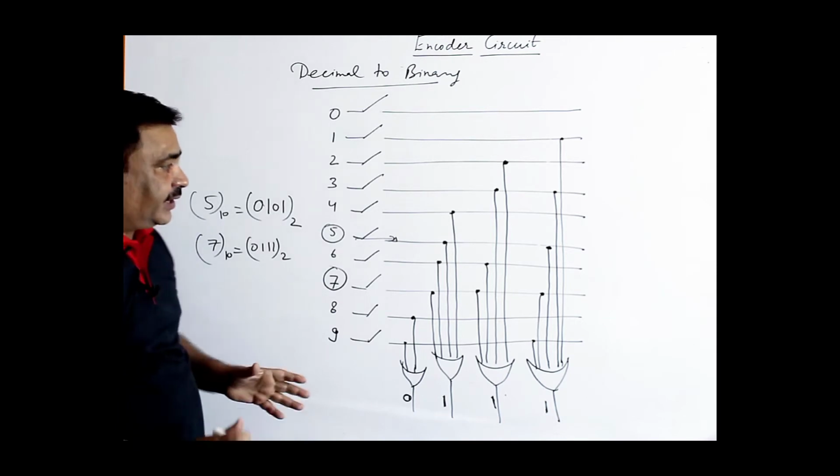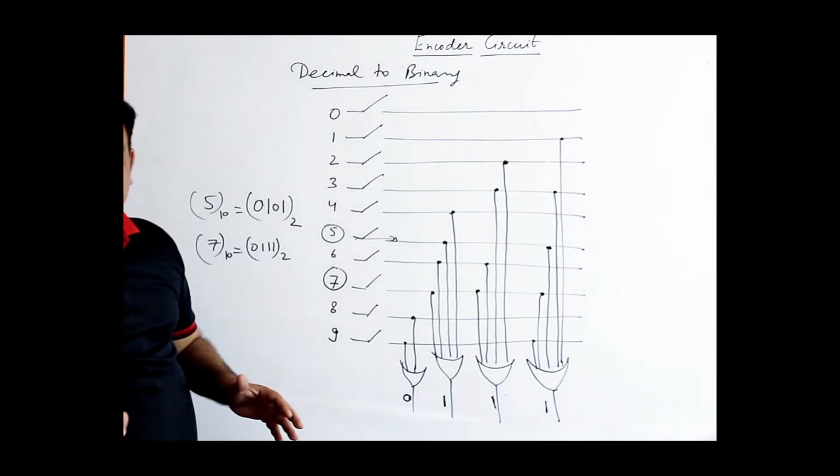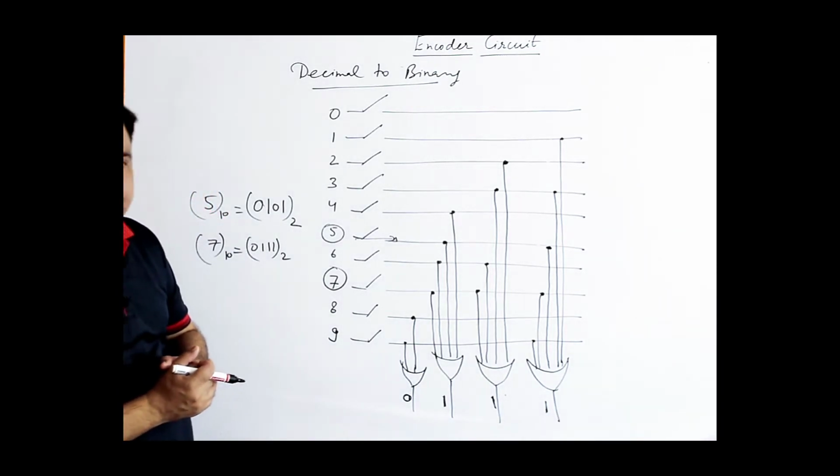So this is the working of the decimal to binary encoder.